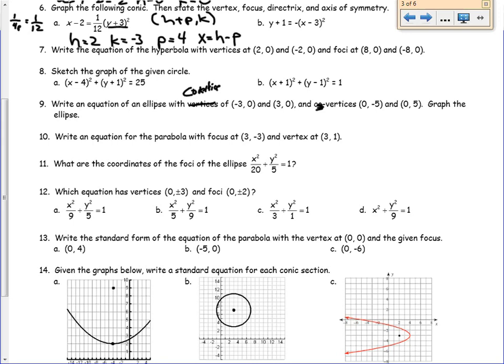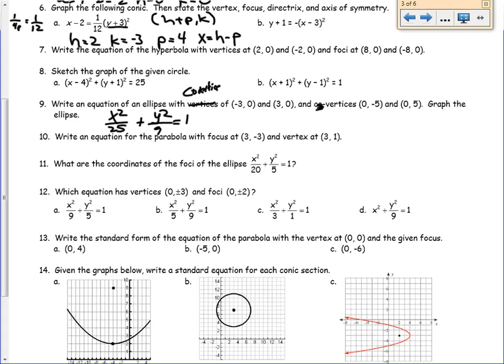What number is this? Number 9 right here. So this would be x squared over 25 plus y squared over 9 equals 1. Again, guys, if you read the problem, it has to be a mistake. You may not realize that yet, but that's what I'm trying to get you to see.